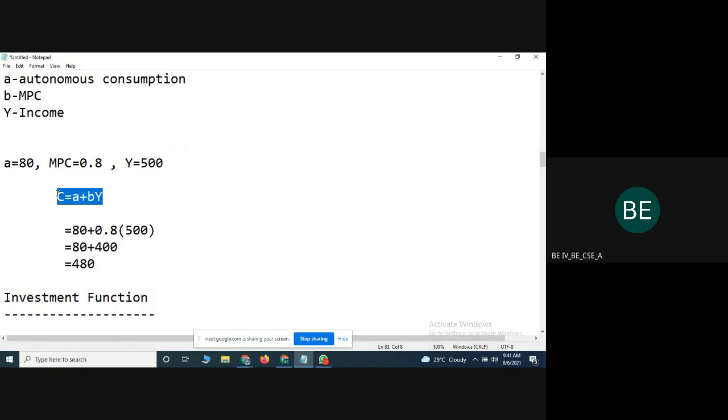This is the equation for the consumption function: C equals A plus bY. So if you know the person's income and the marginal propensity to consume, you can easily calculate the consumption.